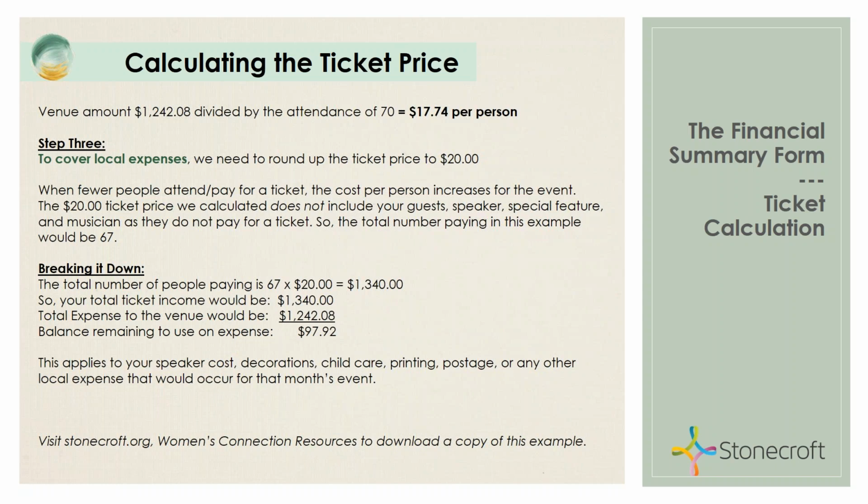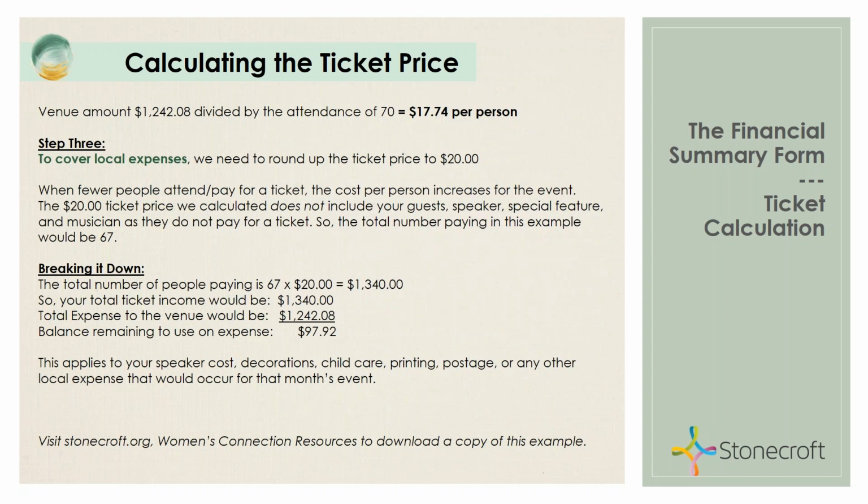Breaking it down, the total number of people paying is 67 times $20, which brings us to $1,340. So your total ticket income would be $1,340.